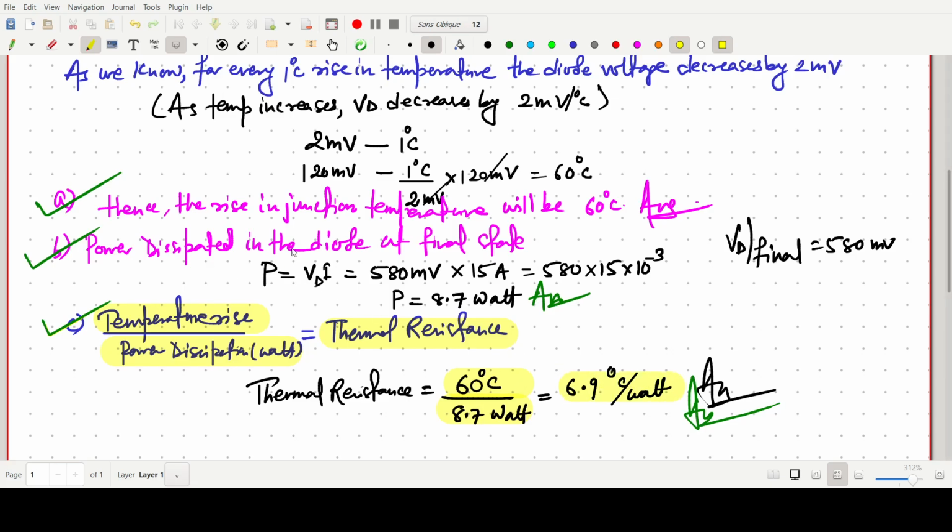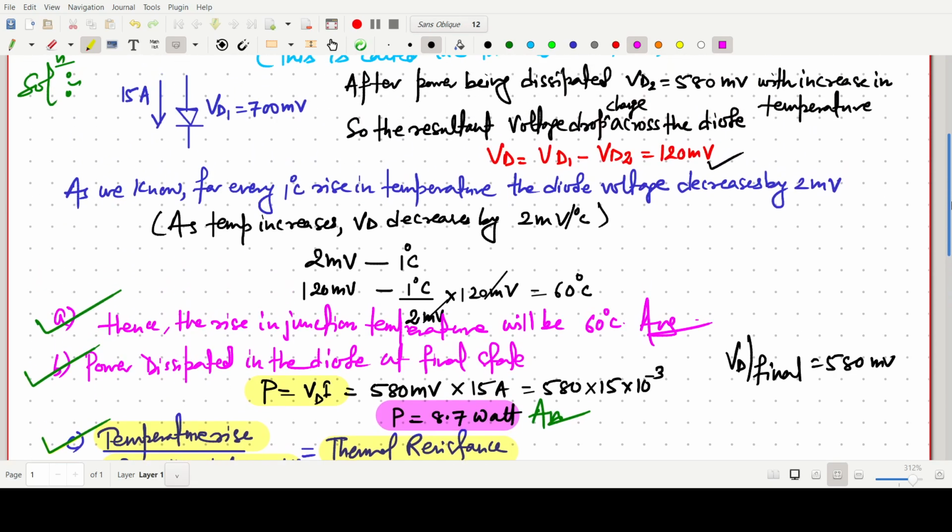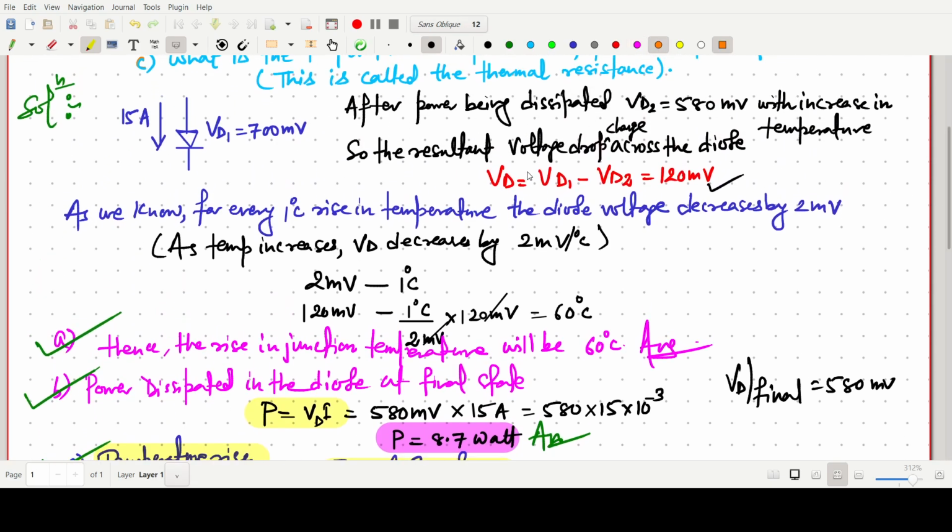The power dissipated in the diode at the final state is VD times I, where the final VD value is 580. After calculation it is simply 8.7. The rise in temperature we have calculated as 60 degree for 120 millivolt.